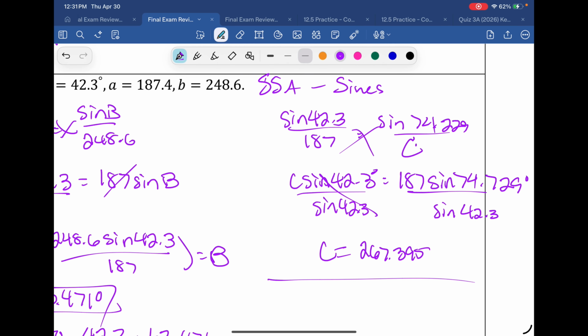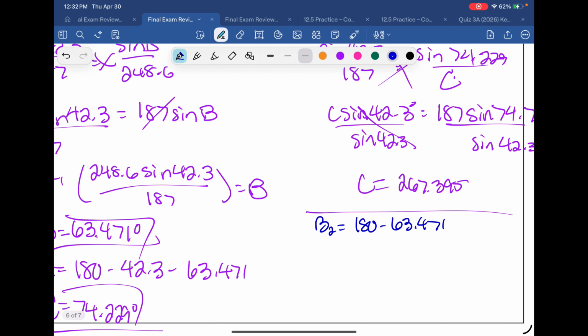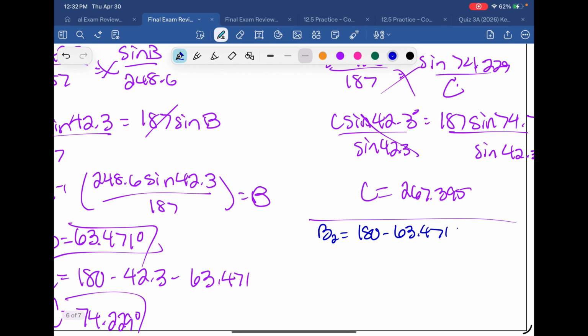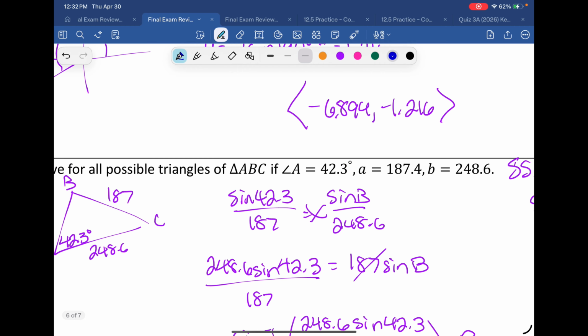Now we find the second possibility for the angle. So to find B2, take 180, subtract B1. C2, 180 minus the given angle. Do we not know that?